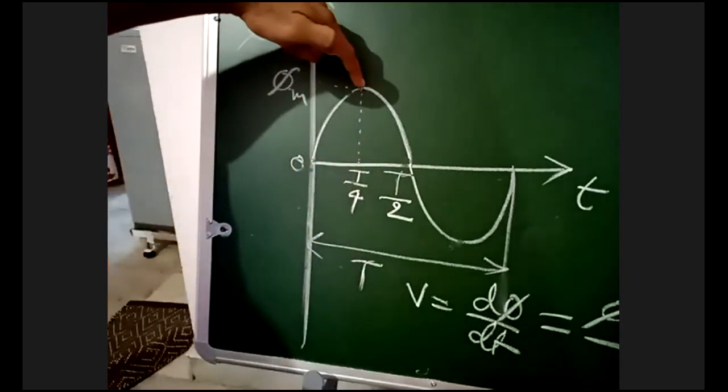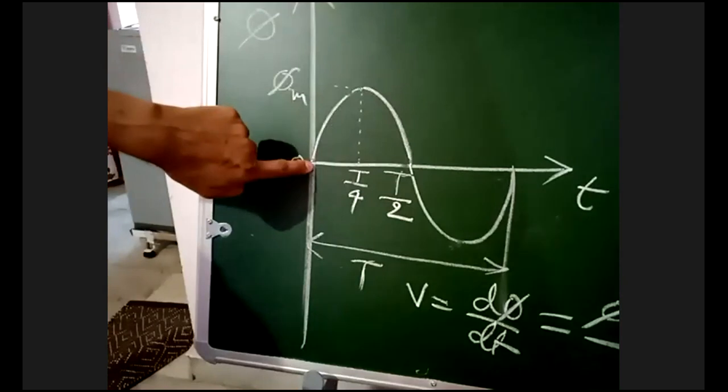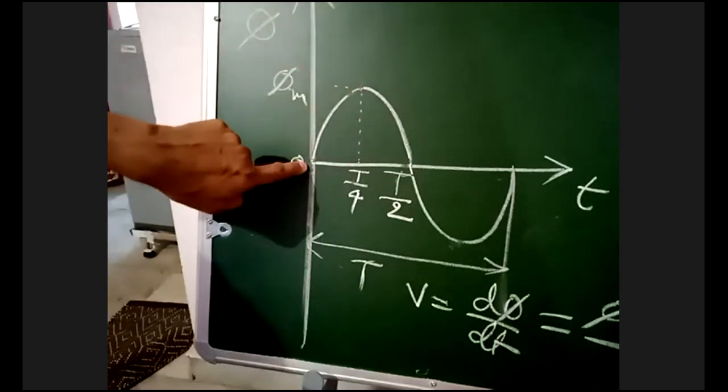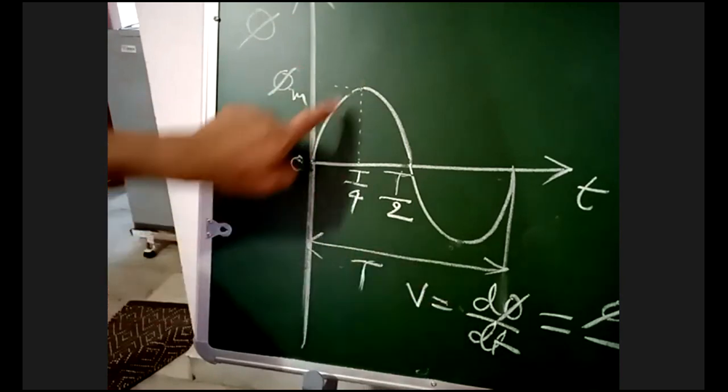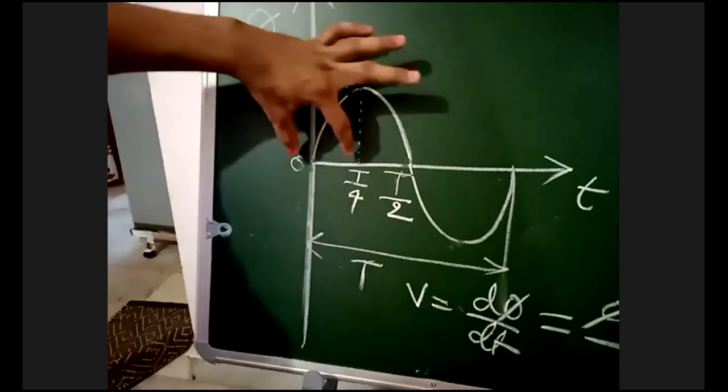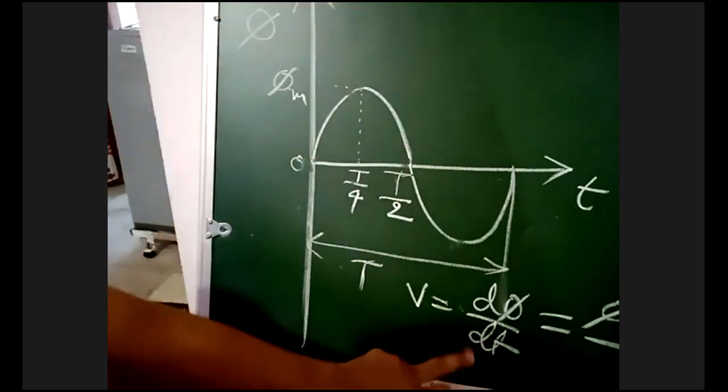Maximum is phi m, minimum is 0, so phi m minus 0. On the x-axis, dt is the change in time, T by 4 minus 0.